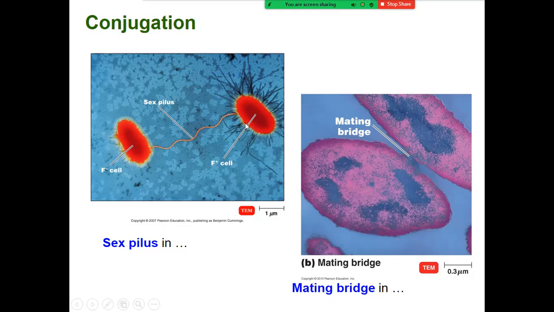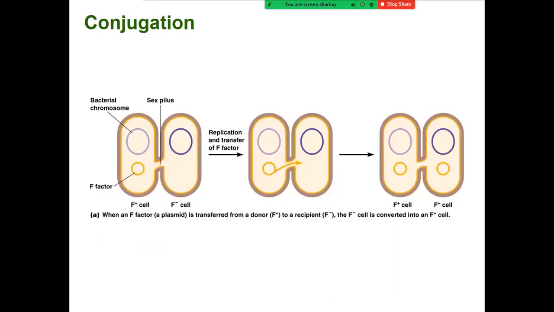We're going to talk a little bit more about sexual conjugation in gram-negative cells, where we have the sex pilus and the F plus plasmid. So sexual conjugation in gram-negative cells happens in an F plus cell.